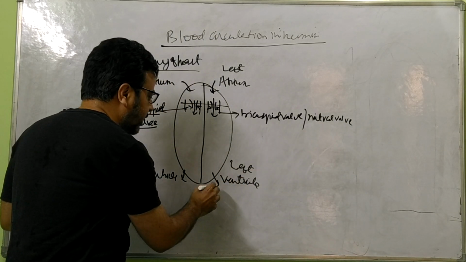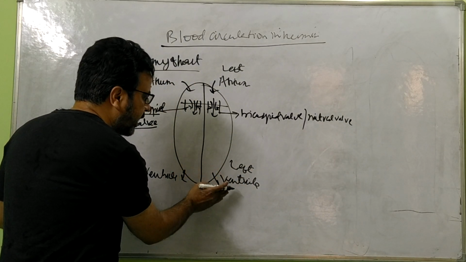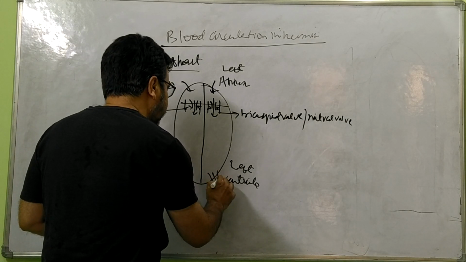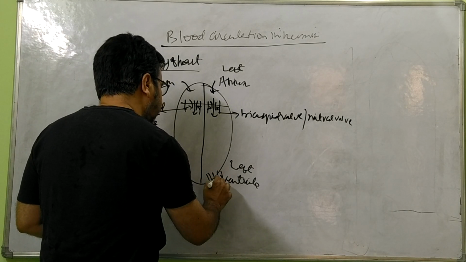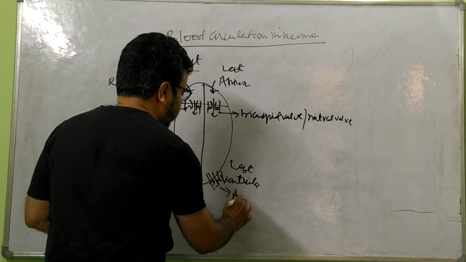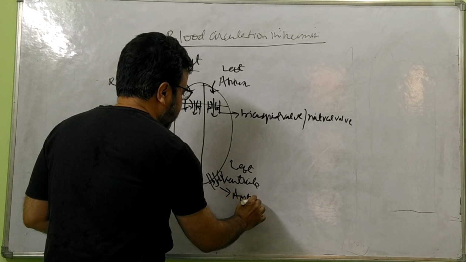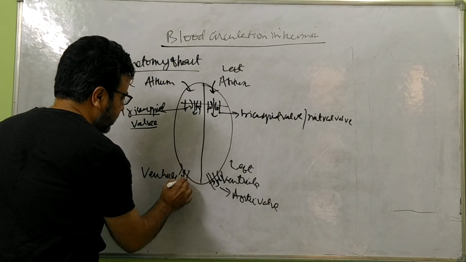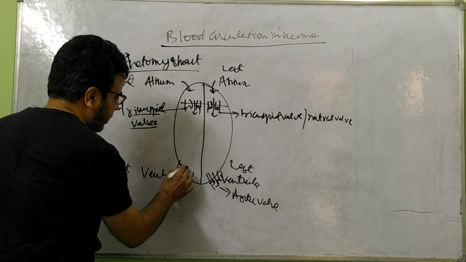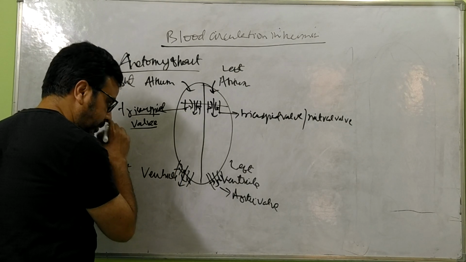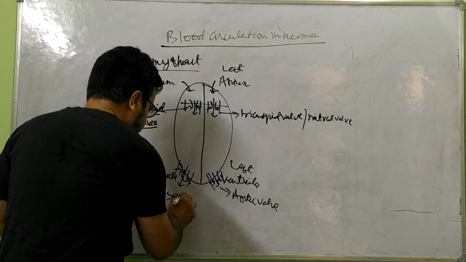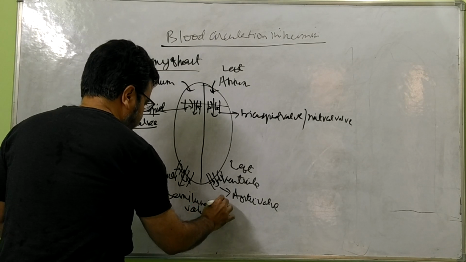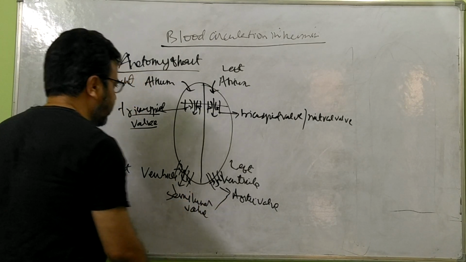And at the end where the aorta, the arteries, start, it is the aortic valve or semilunar valve. Here also it is a semilunar valve at the exit point. These two are the semilunar valves.